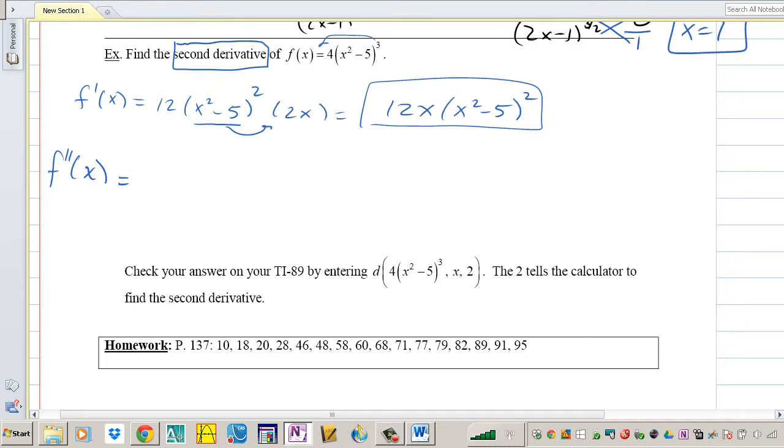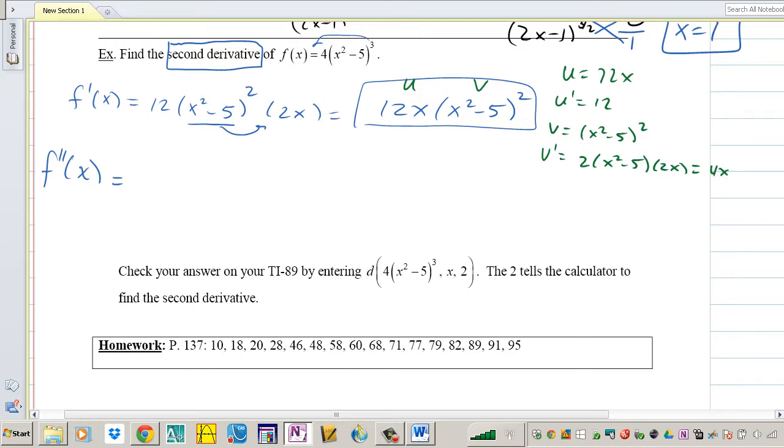Okay, now we have a product rule, u, v. So u is 12x, u prime is 12, v is x squared minus 5 squared, and then v prime is 2 times x squared minus 5 times 2x, which is 4x times x squared minus 5. Okay, easy.